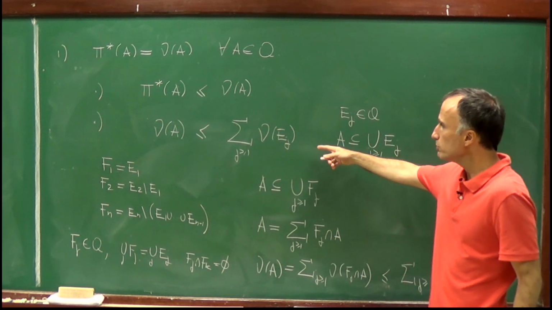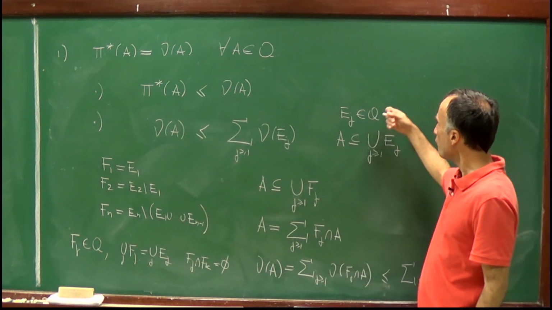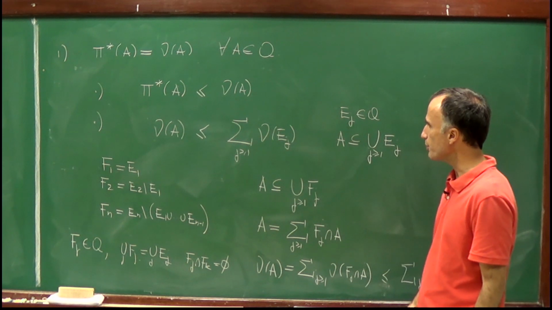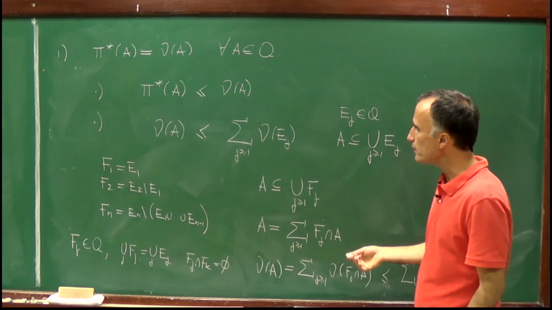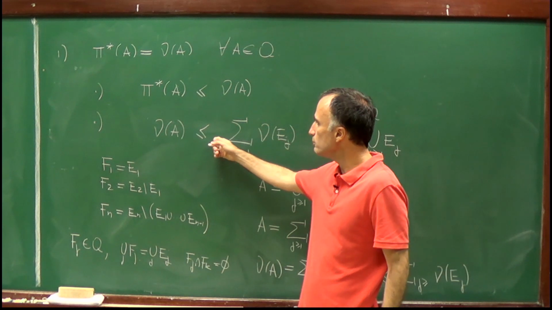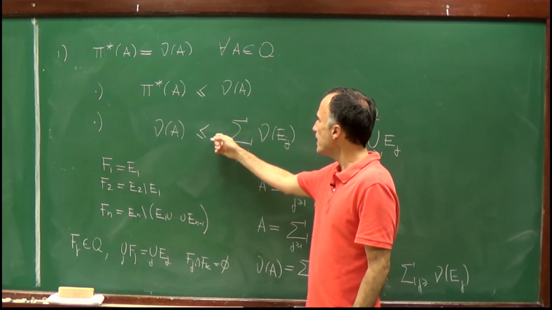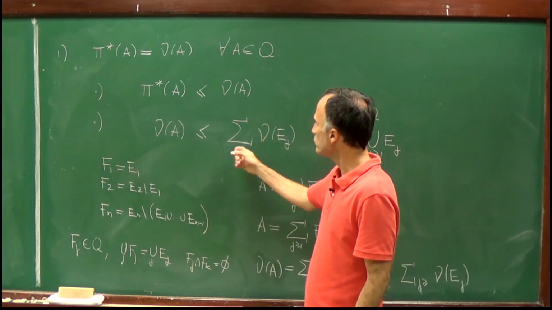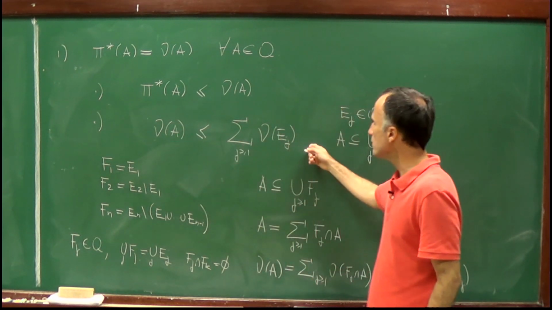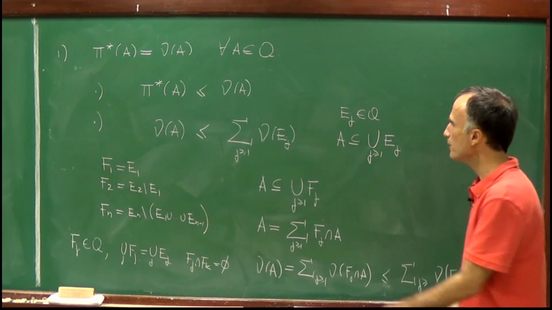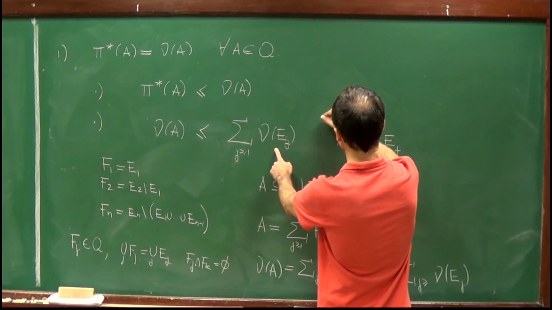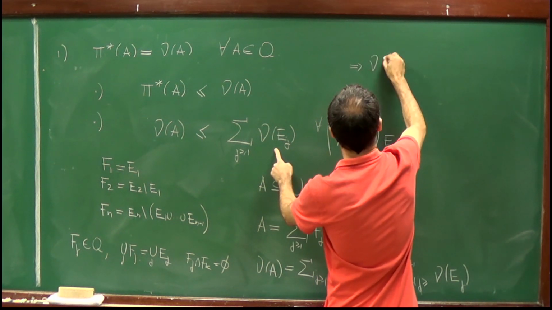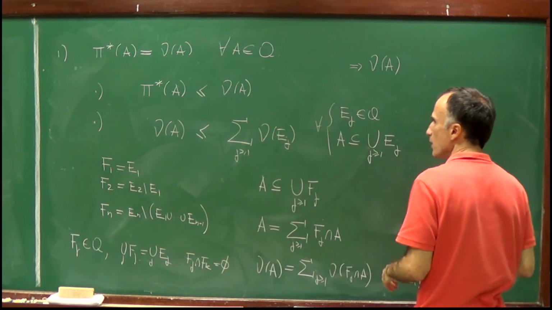This inequality holds for any covering of the set A by elements of the algebra. Since it holds for any covering, it also holds for the infimum over all such coverings, and the infimum over all such coverings is exactly P star of A. So this proves that nu of A is less than or equal to P star of A. Let me write it to make it clear.